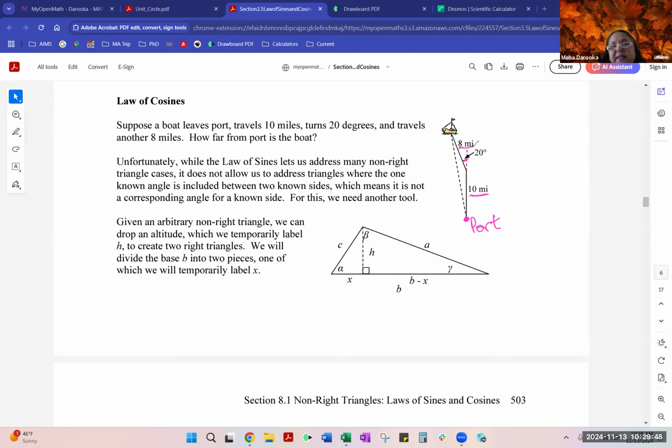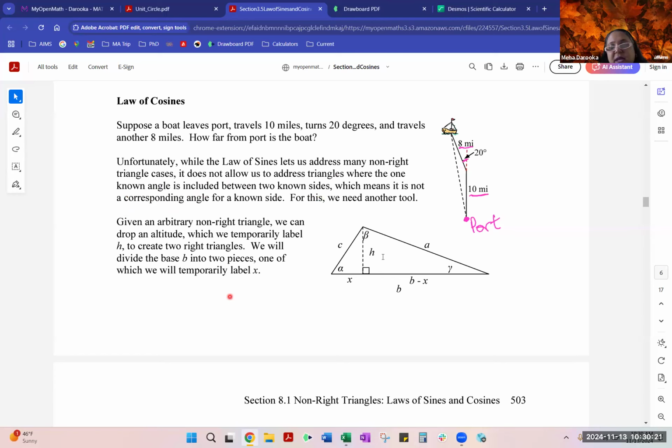So in this case, we're basically saying, unfortunately, while the law of sines will let us address many non-right triangle cases, it does not allow us to address triangles where one known angle is included between the two known sides. So in this case, we bring in the idea of law of cosines.